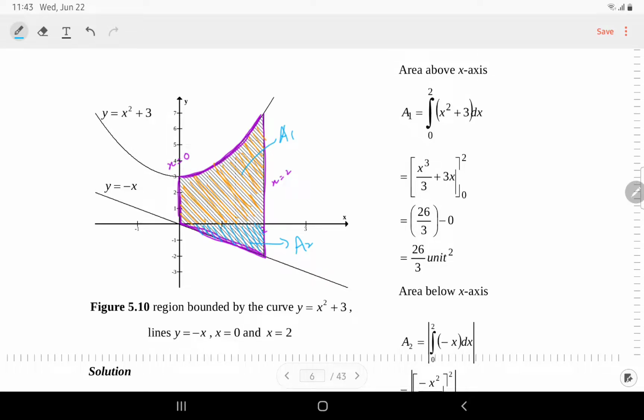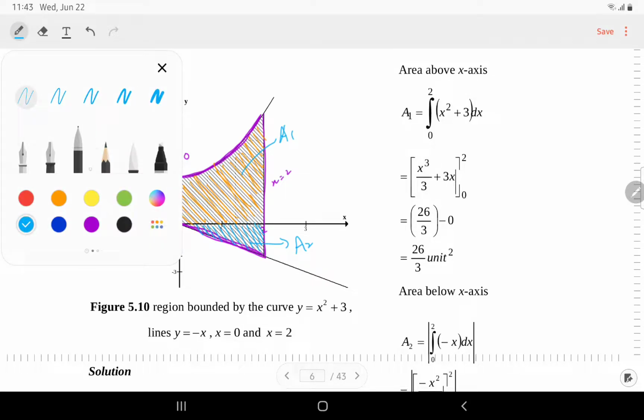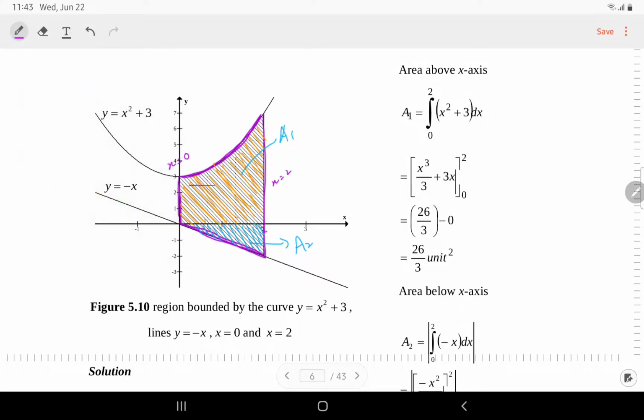Sebab untuk shaded region yang belah atas, boundary dia adalah macam ni. Daripada sini, sini, sini, sini. So dia tak ada kaitan dengan line yang bawah ni. So boundary dia adalah guna function yang ni lah, x square plus 3. So from 0 to 2 integrate x square plus 3. So dapat jawapan yang ni.